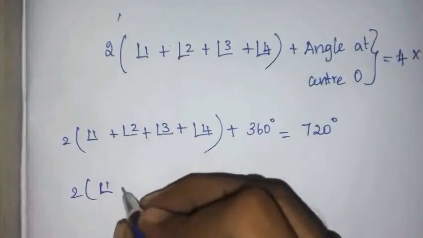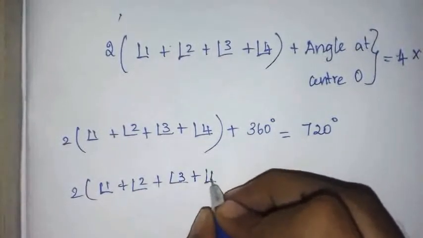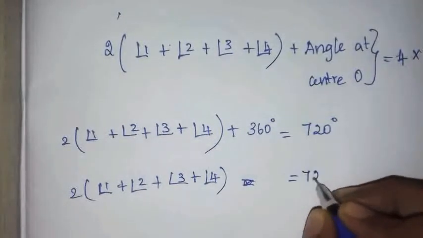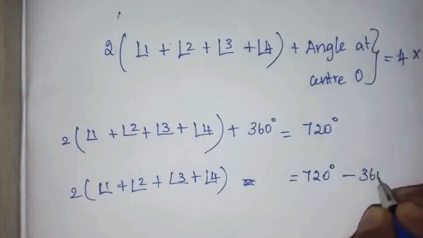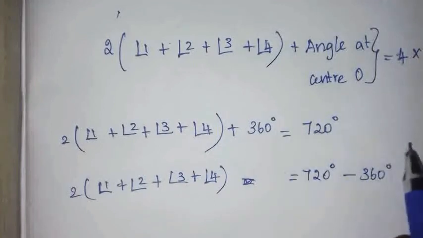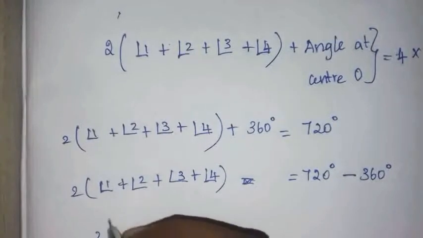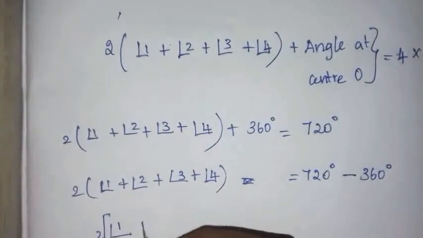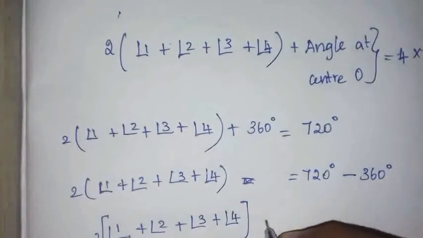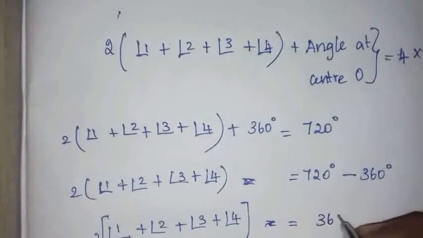Next we simplify: 2 into (angle 1 plus angle 2 plus angle 3 plus angle 4) is equal to 720 degrees minus 360 degrees. We take this 360 degrees to the right hand side, and the sign changes to minus. Then angle 1 plus angle 2 plus angle 3 plus angle 4 is equal to 720 minus 360, which is 360 degrees.